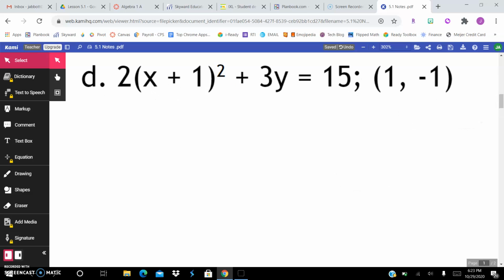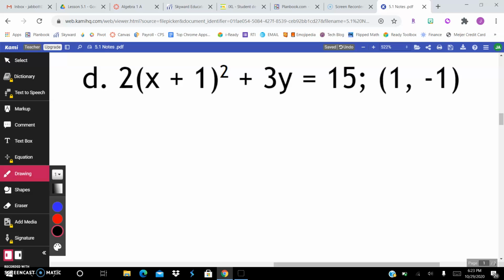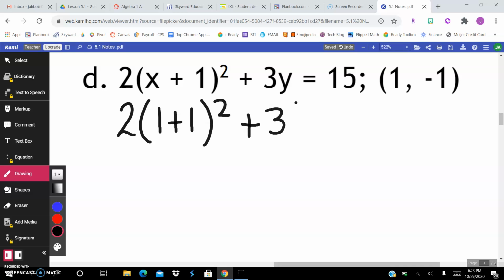And then we're given the same equation, but now the ordered pair 1, negative 1. So x is 1 and y is negative 1. So parentheses, 1 plus 1 would be 2.